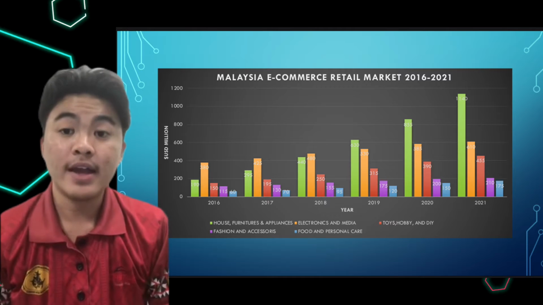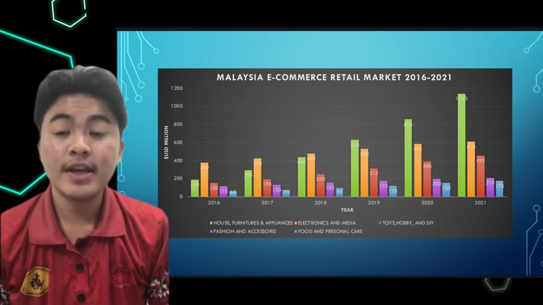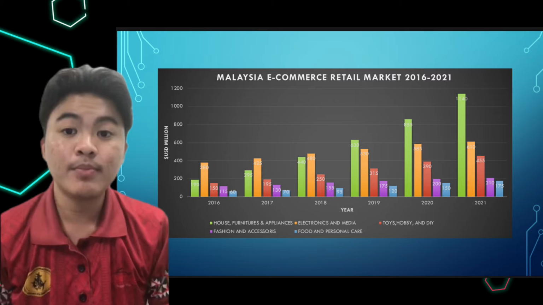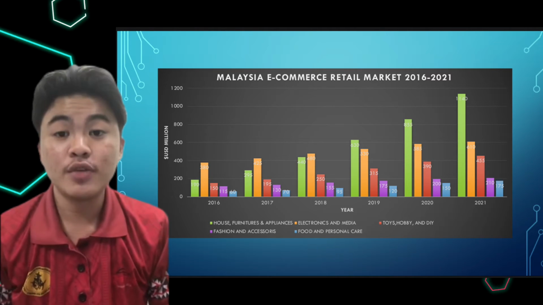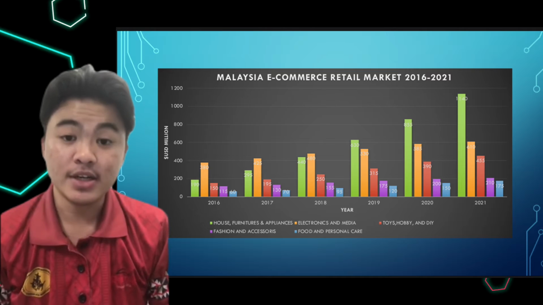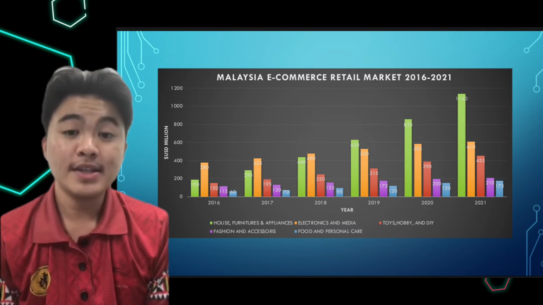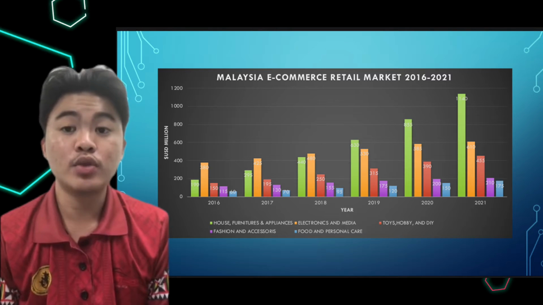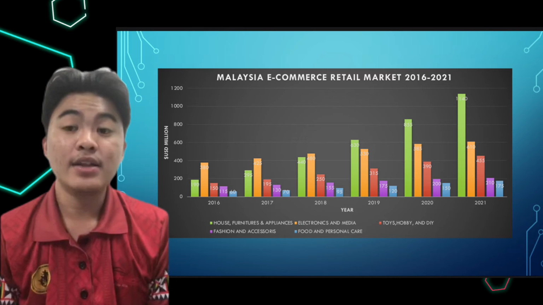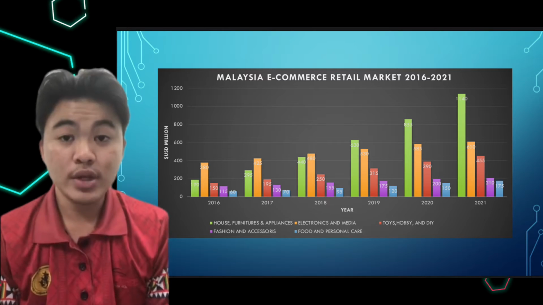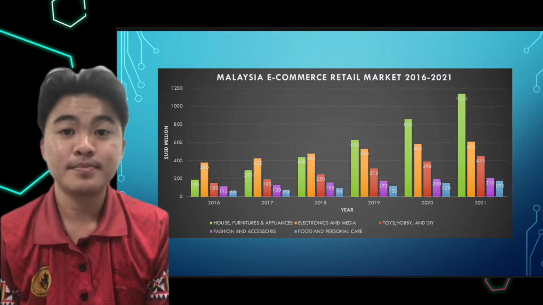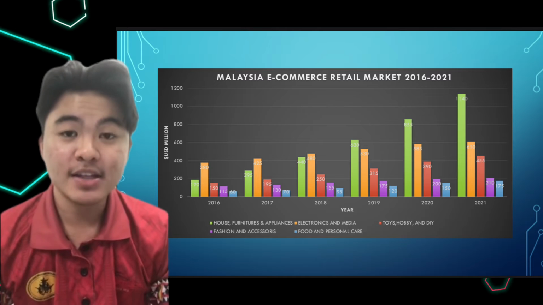On the other hand, the household, furniture and appliances presented by the green column are increasing massively, leaving a huge differences gap from year to year. Lastly, the chart surely indicates a steep gradient of e-commerce retail market in Malaysia between the year 2016 and 2021 with increasing value each year. And with that, I end this part.